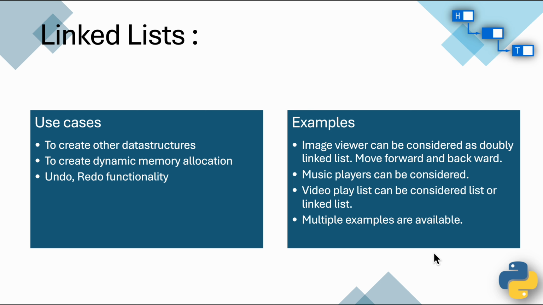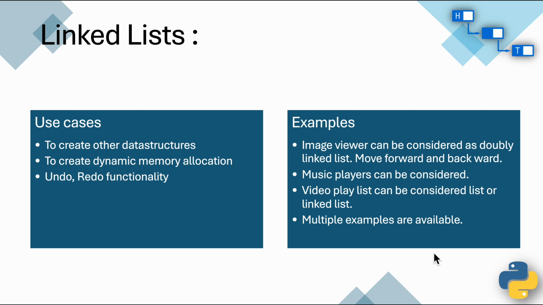That's it. And video play can be considered a playlist. Basically in YouTube you will have a playlist, and continuously it will play first video, second video, third video. So all those videos are in a virtual list, but one video will be saved in a different location, the second video is in a different location, the third video is in a different location.